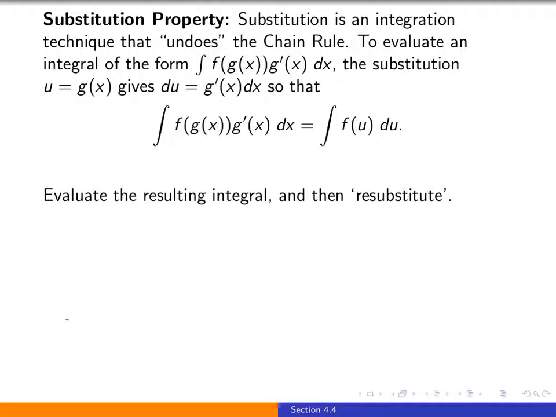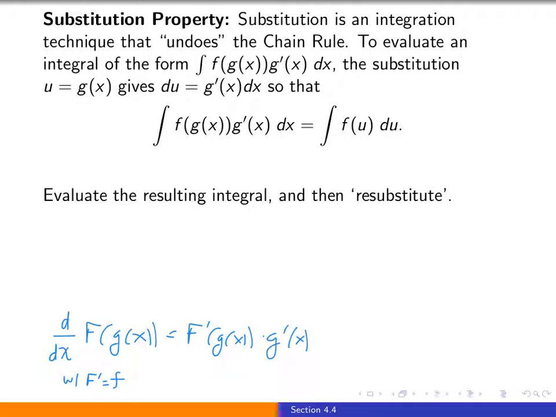What I'm thinking about in the back of my mind is that if I differentiate, let's say, big F of g of x, and I let big F be an antiderivative of little f, then the chain rule gives us big F prime of g of x times g prime x, which is really f of g of x times g prime x.